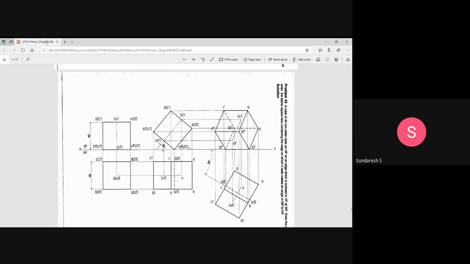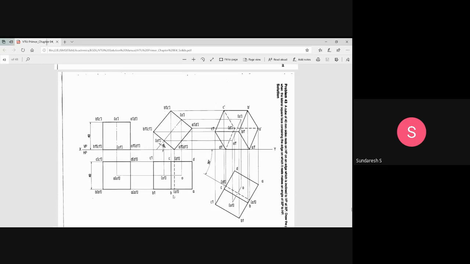As we already told, the top face A, B, C, D is completely visible in the top view, so you can join A, B, C, D. Also B, C, C1 and D1 is visible in the top view.